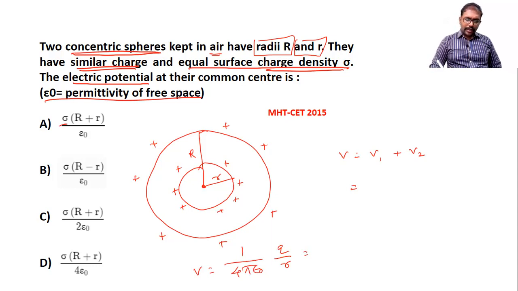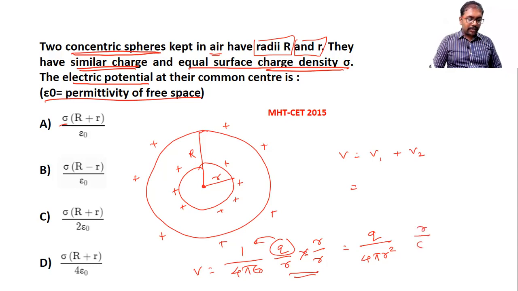I can multiply this equation by R and divide by R. Then we get Q upon 4 pi R square into R. So I write this Q on this side, and here we can write R upon epsilon 0.